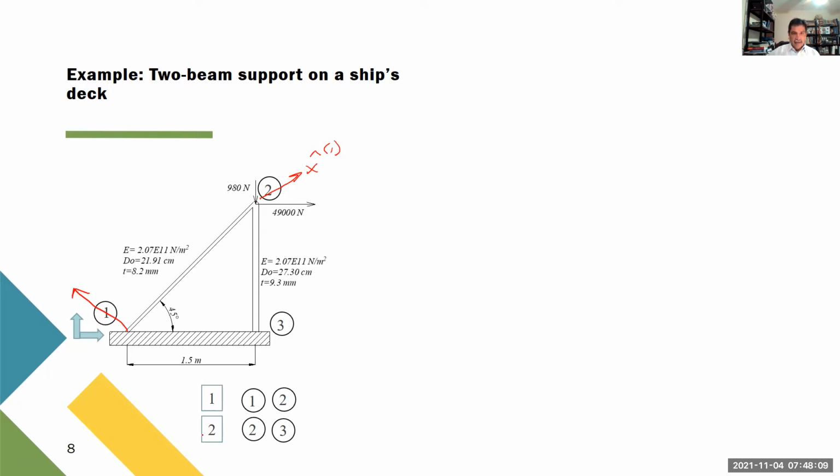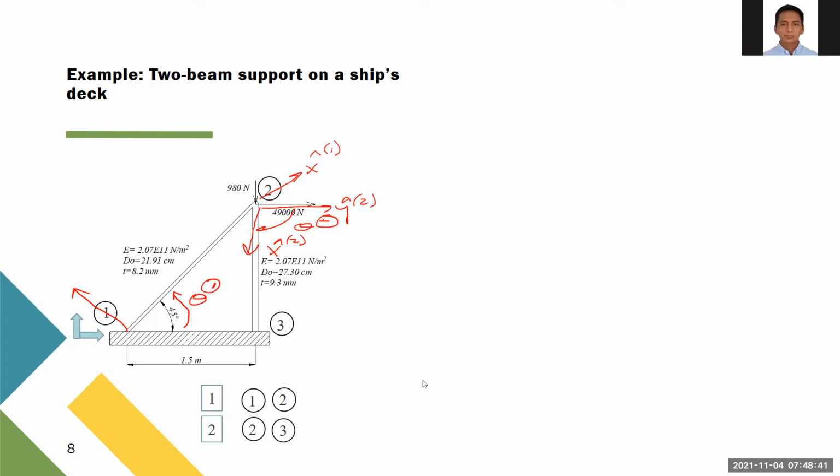But then the second, we go from 2 to 3. So that's the local reference system for the second. That's X local for the second, and this is your Y local for the second. And this is your theta, which is negative. This is theta for the first one. So that's what we need to do.